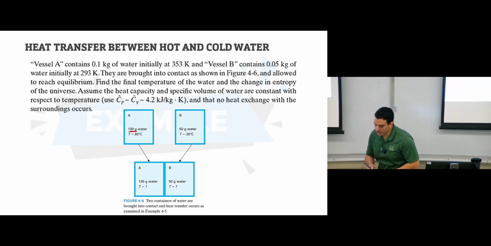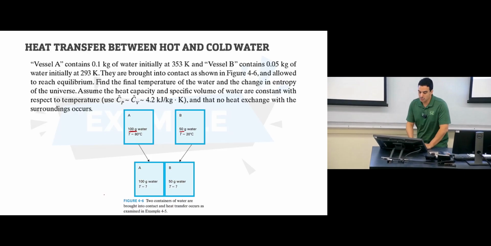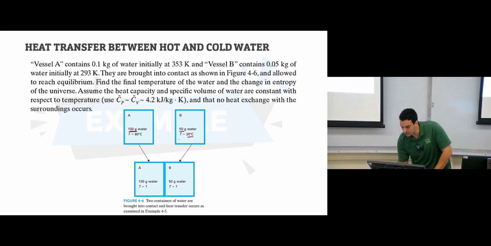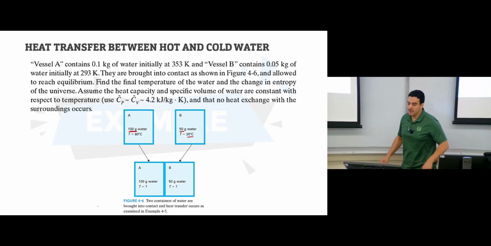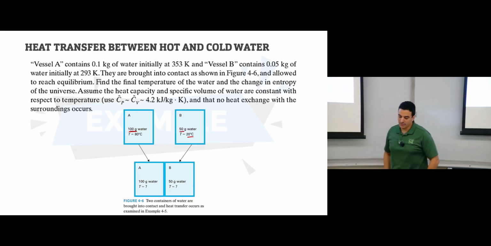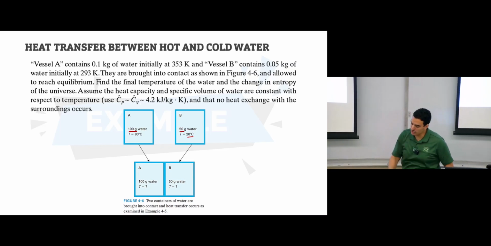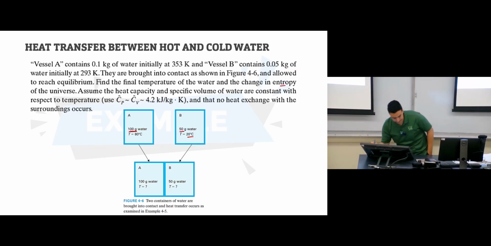And vessel B contains 0.05 kilogram, 50 gram, at 293 Kelvin, 20 degrees Celsius. They are brought into contact, as shown in this figure, and allowed to reach equilibrium. Find the final temperature of water and the change of entropy of the universe. We will focus on the entropy change in this one here.